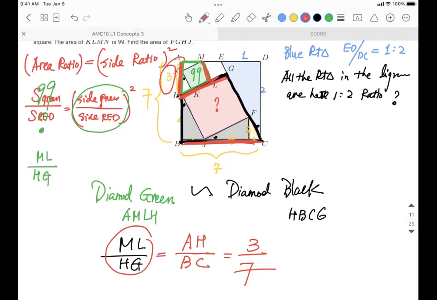What is ML over HG? It's like a deja vu. It is here. ML and HG, I'm going to use a different color. Maybe here, ML, HG, they are exactly the two sides of the green square and the red square. So this is 3 over 7.